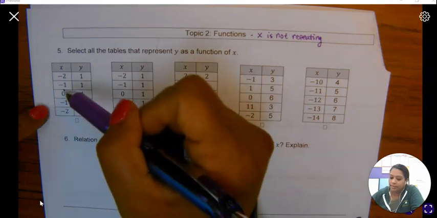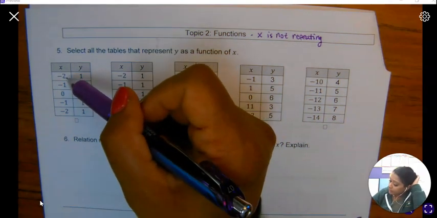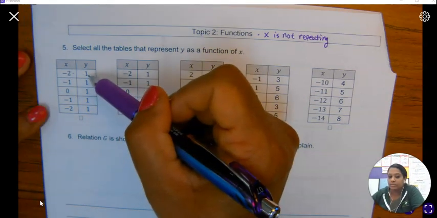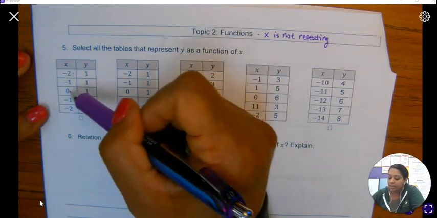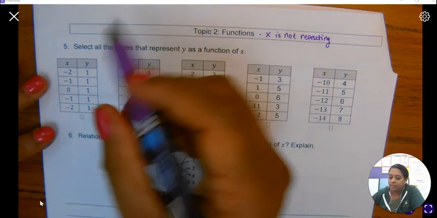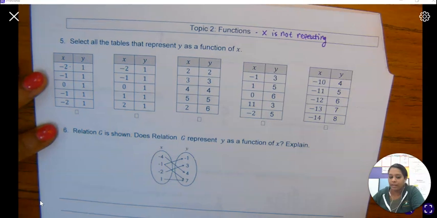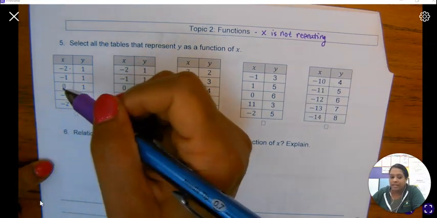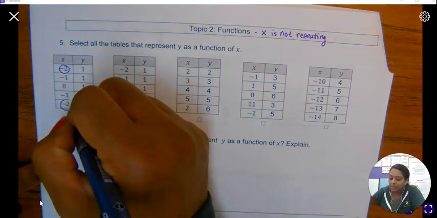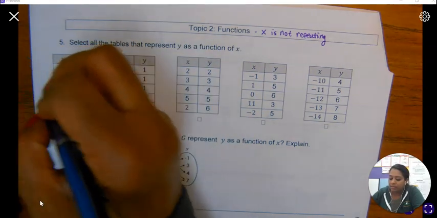So here we go. Right here you have x is -2 goes to 1, -1 goes to 1, 0 goes to 1, -1 goes to 1. Okay, what does that even mean? Well, I don't really care about the y value. All I care about is the x value.